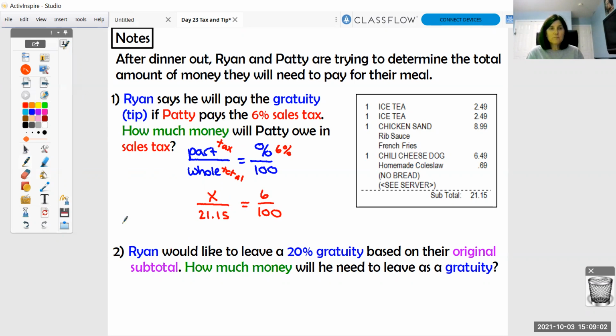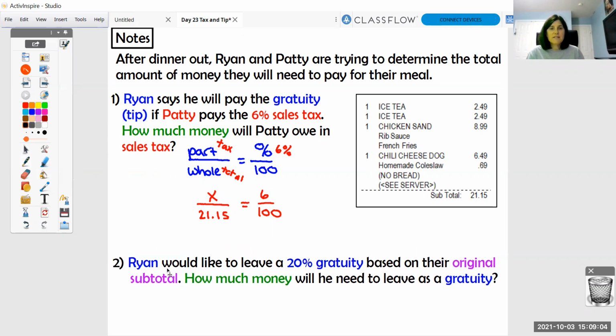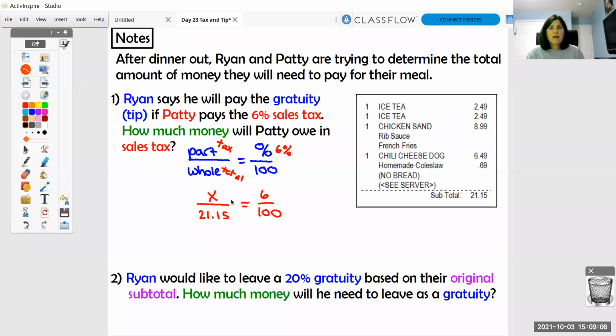All right, so let's see here. We're going to use our cross multiplying. Put a line down the middle, 100 times x is going to equal our other cross products, because these are proportional, 6 times 21.15.